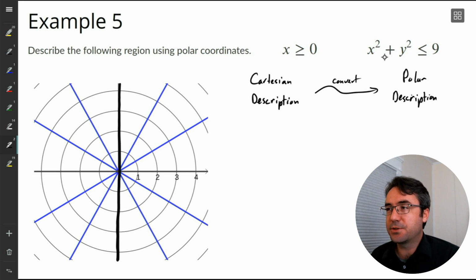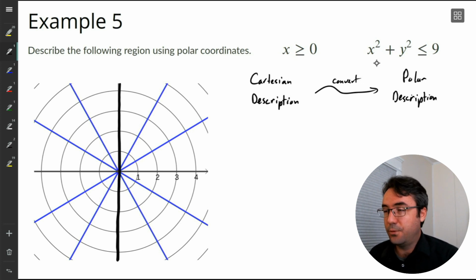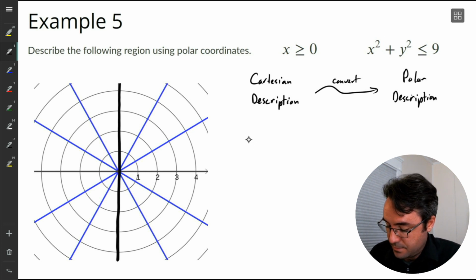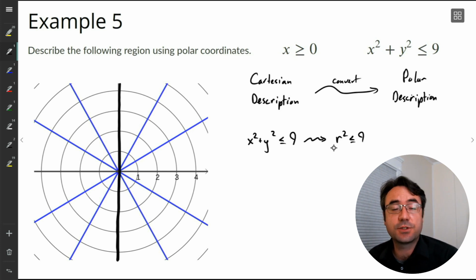Now what about x squared plus y squared less than or equal to 9? Well, we've seen this before. This is the r value, or actually r squared. So x squared plus y squared is r squared.